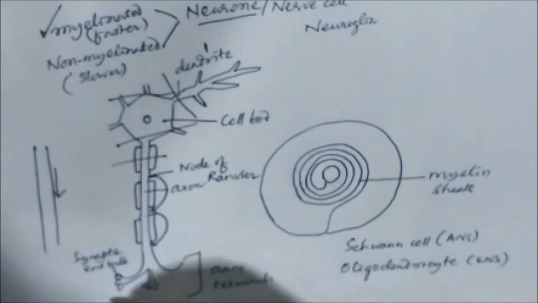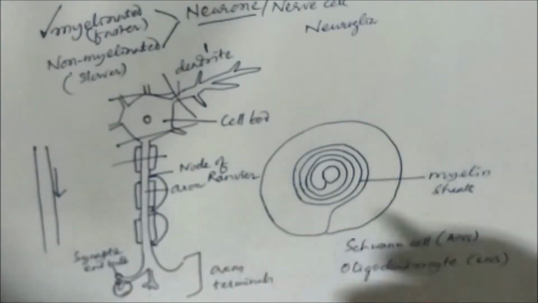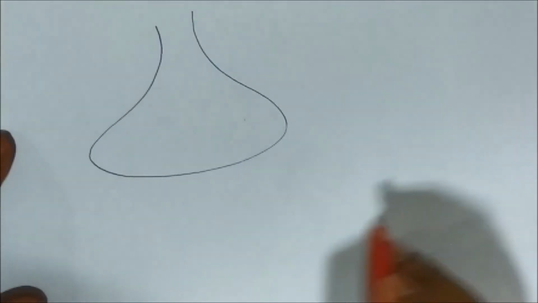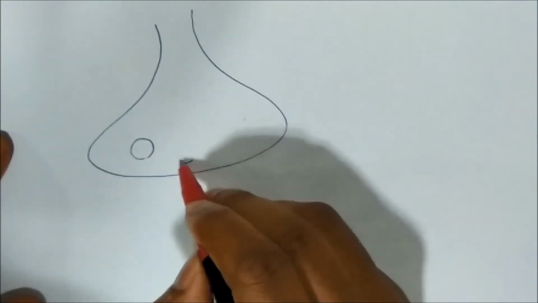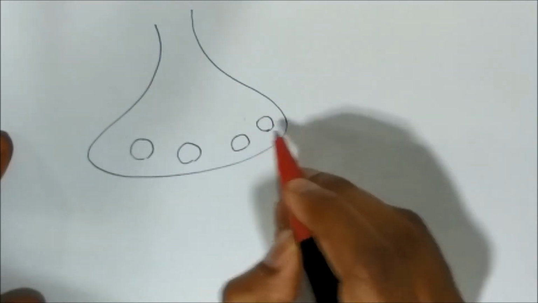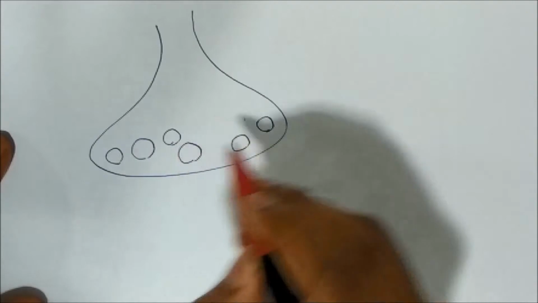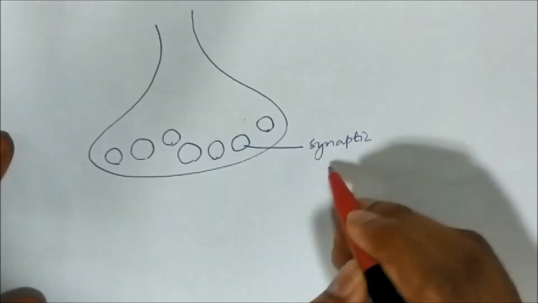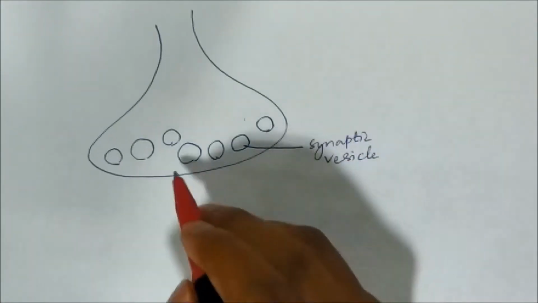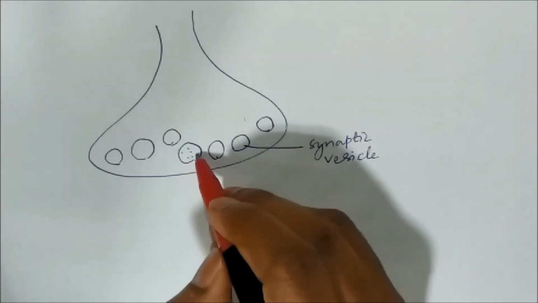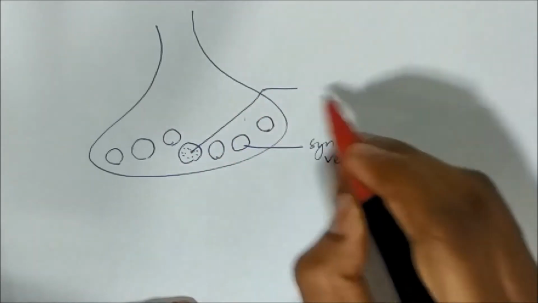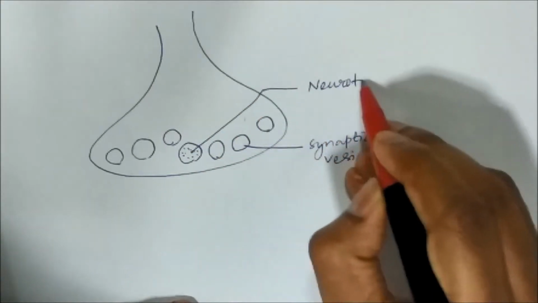And if we take a whole picture of this synaptic end bulb, it will look like this. Within this there are vesicles, called synaptic vesicles. Inside the synaptic vesicles there are chemicals stored, and these chemicals are called neurotransmitters.